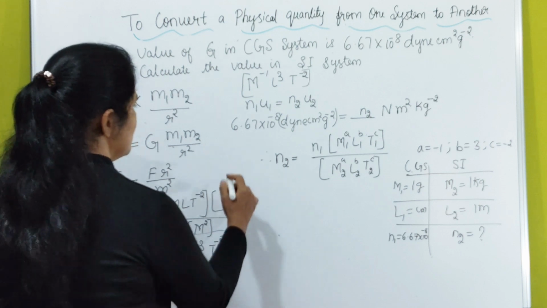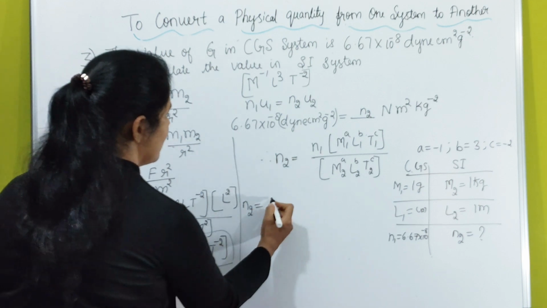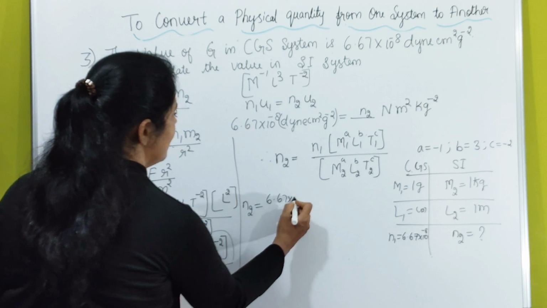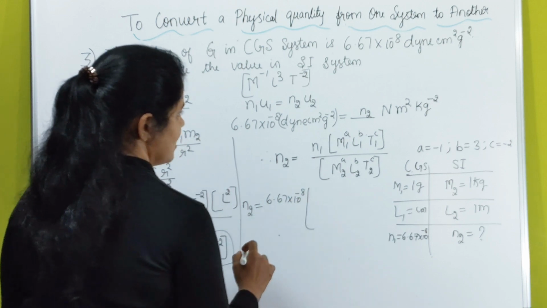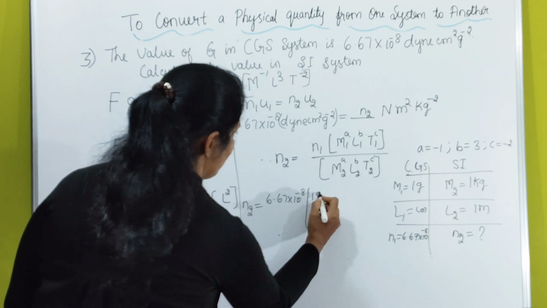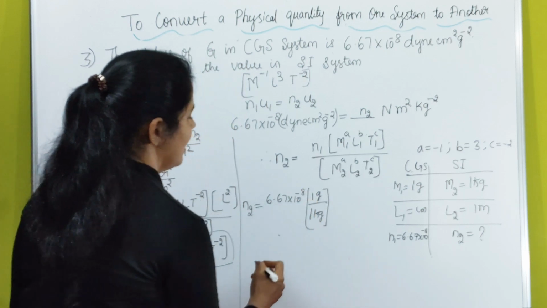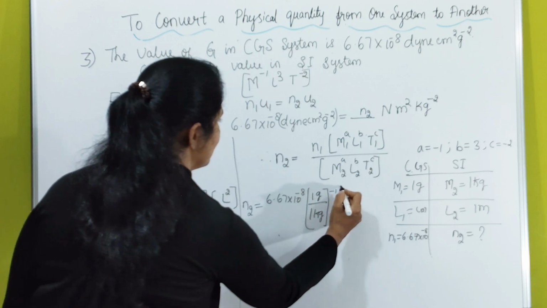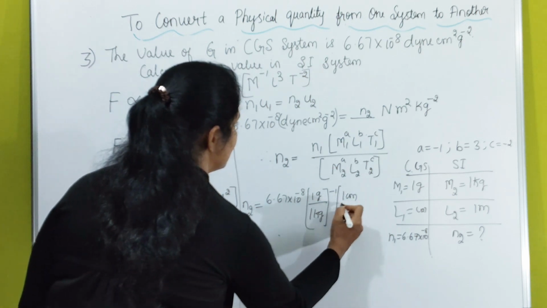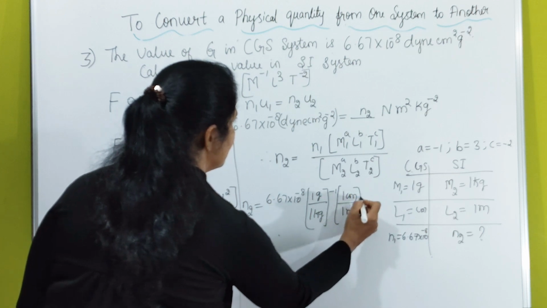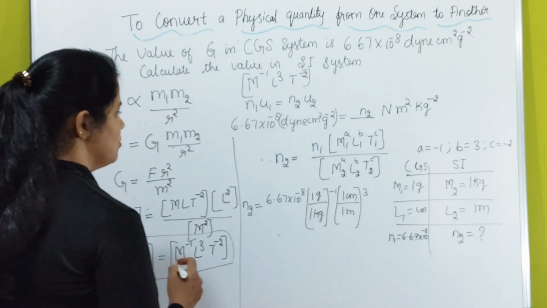Okay. So let us substitute that here. Therefore, N2 is equal to N1, 6.67 10 power minus 8, into, first write M1. M1 is in gram, 1 gram to 1 kg. What is the power? A is minus 1. L1 is 1 centimeter to 1 meter, B is 3. T1 cancels, 1 second to 1 second.